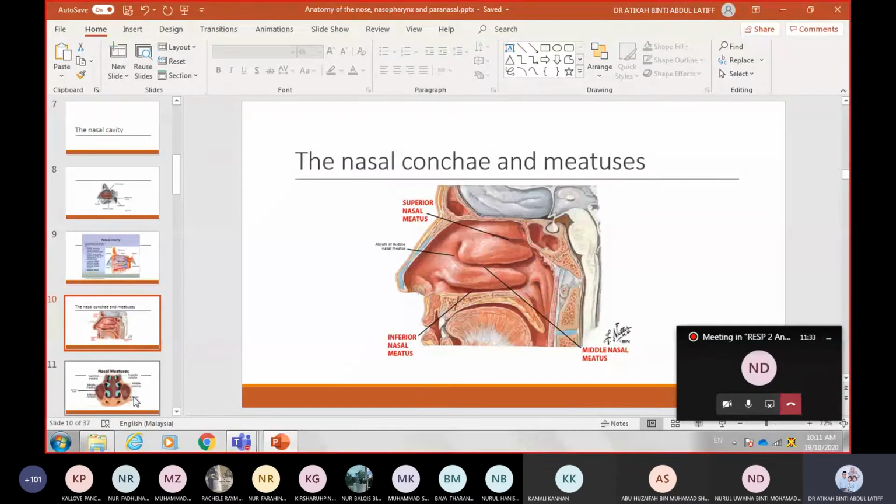Okay, so what are nasal concha and meatus? So we have 3 nasal concha and 3 nasal meatus. Okay, so this is the superior nasal concha, and inside it is the meatus. Okay, and this is the middle nasal concha with the meatus, and this is the inferior nasal concha with the meatus.